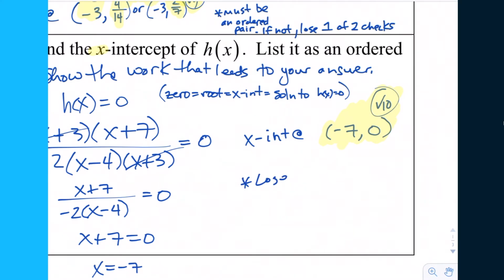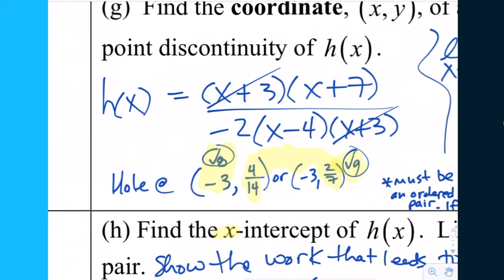You're going to lose a check if you list both -3, 0 and -7, 0. And the reason being is because -3, 0 is not, first of all, a point on the graph. We said right above there that it's -3, 2/7, which is not on the x-axis to begin with. And the second thing is it's not even on the graph at all.